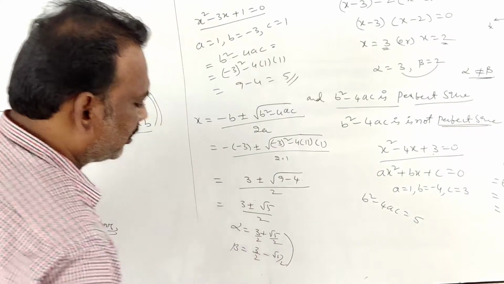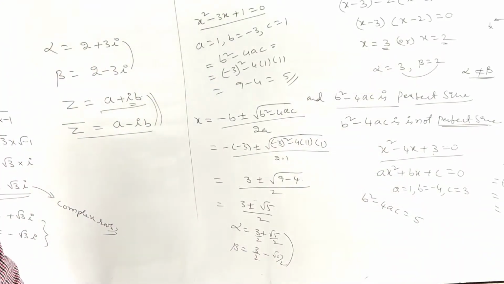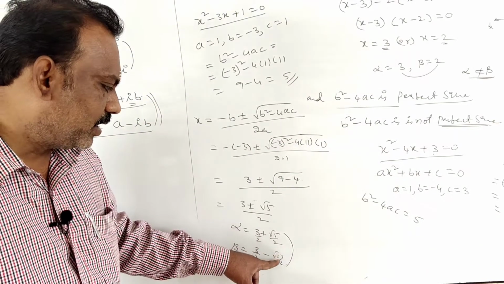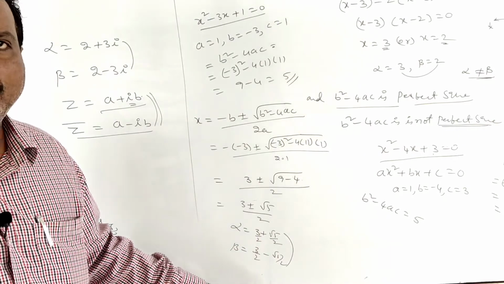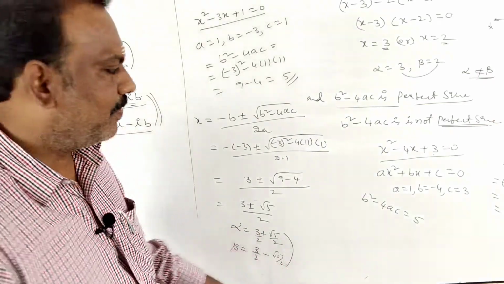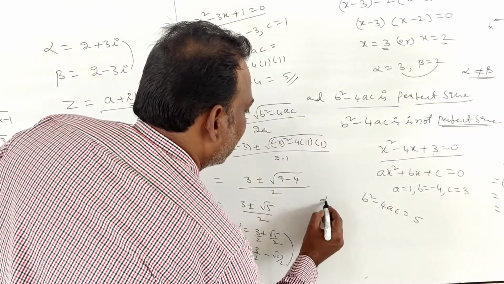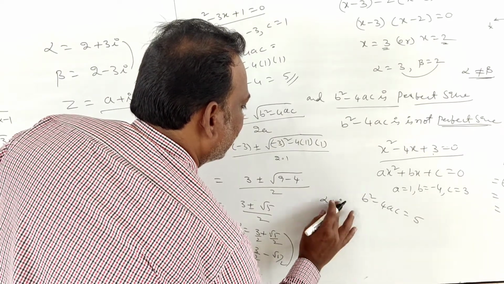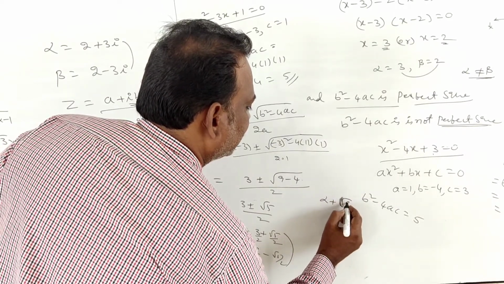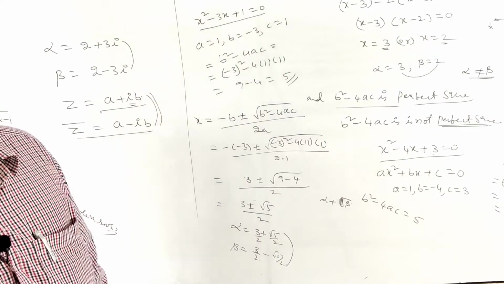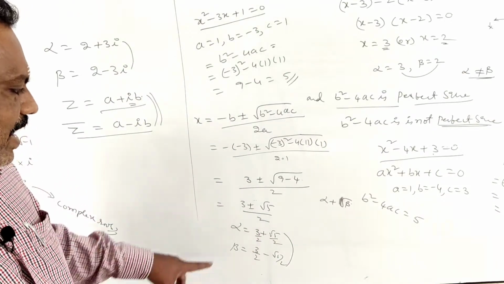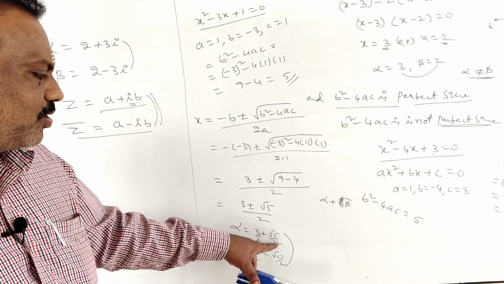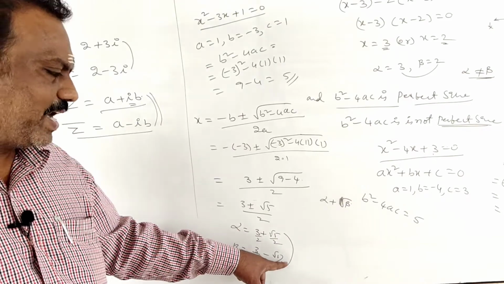I told you these two are conjugates. So whenever you are getting roots in the form of alpha plus root beta, the roots are irrational. Correct or not? Like 2 plus root 3, 2 minus root 3, like we are getting 3 by 2 plus root 5 by 2, 3 by 2 minus root 5 by 2.